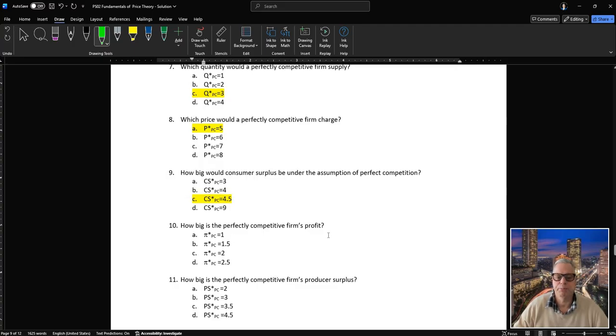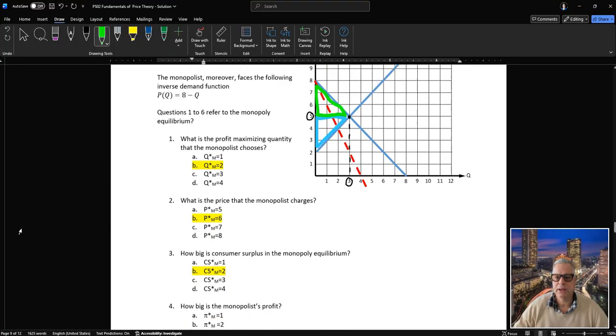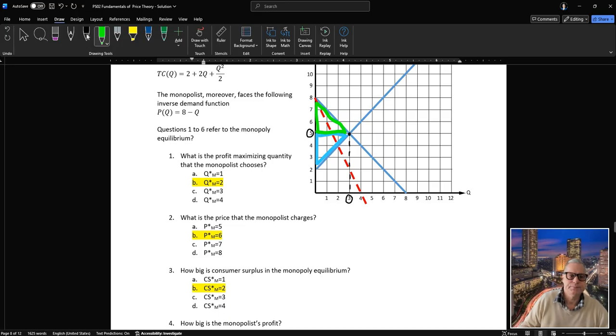And how big is the perfectly competitive firm's profit? So now we have to take a look again at the definition of profit. So profit, pi, is total revenue minus total cost. Total revenue is 5 times 3, 15, minus total cost, so there will be 2 plus 2 times 3, 6, plus 3 squared, 9 over 2, which is 4.5.